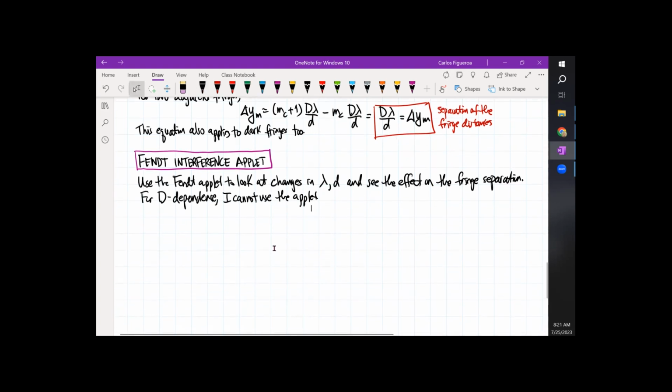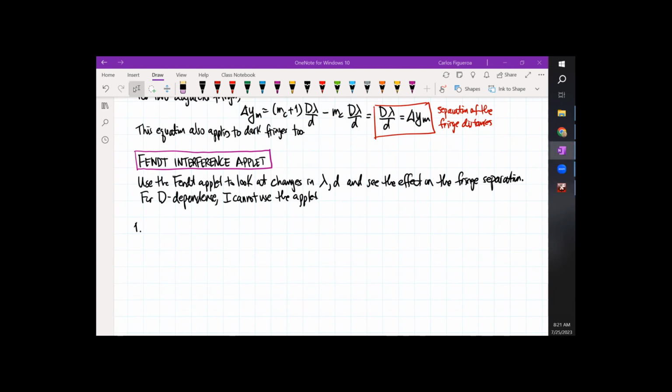The first thing that I'm going to do is look at what happens if we start to look at fringe separation with changes in the wavelength.